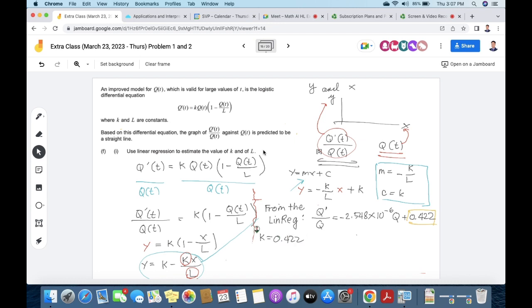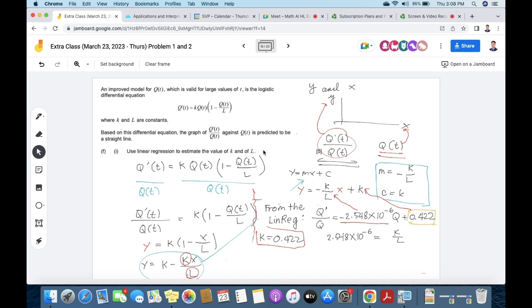And this value here is your slope, right? This corresponds to this. Clear? So we have to solve for L first. We can now say negative 2.548 times 10 to the power of negative 6 is equal to negative K over L. We can just erase the two negatives because both are negatives, so we multiply both by negative 1 and get a positive result.